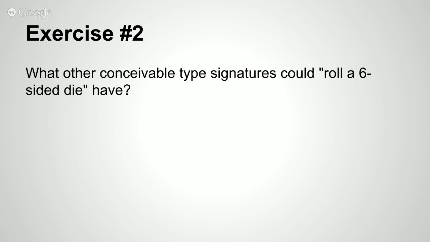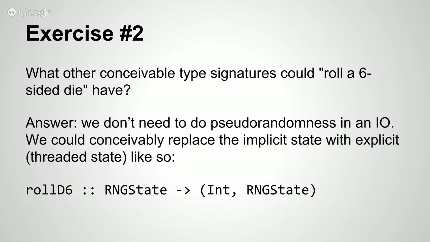So what I have, and I'm maybe hand-waving a little because I don't define RNG state, but you could replace your implicit state that you're getting out of IO with this explicit threaded state, where you say roll d6 is a function that takes an RNG state, it returns an int and the updated RNG state, which kind of is analogous to what I was doing where I was saying that IO of A is world arrow A comma world.